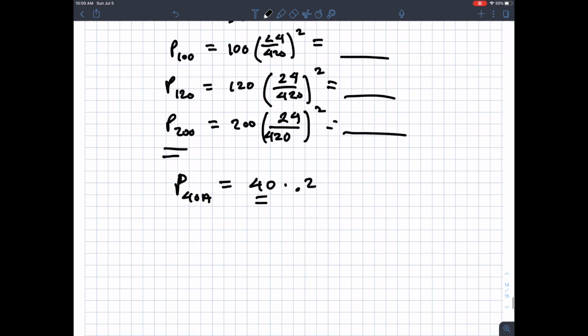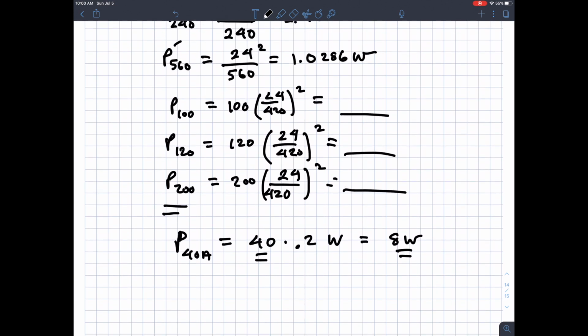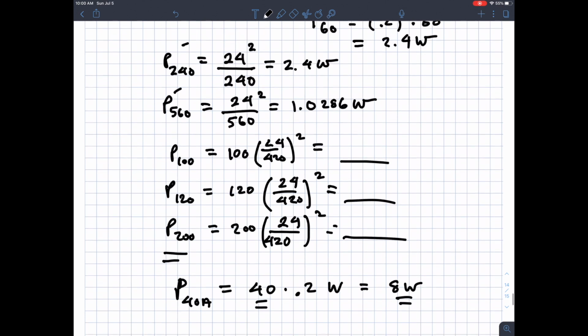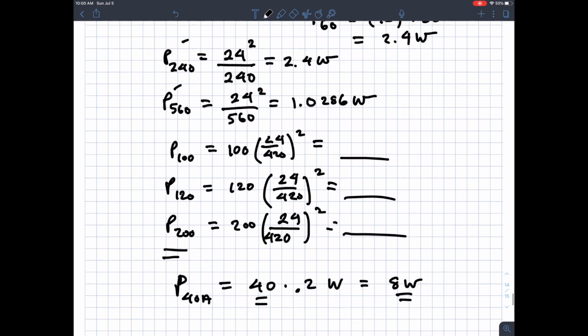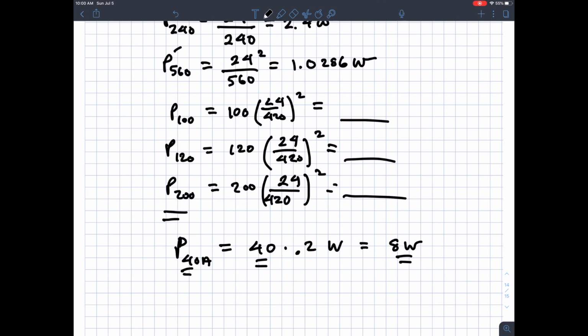All right, so V times I is 0.2. This is the active sign convention, so this is supplying 8 watts of power. All right, so it should be that when I add up all the power used by the resistors, it balances with the power supplied by the 40 amp source. Okay, so you can practice that and verify that calculation.